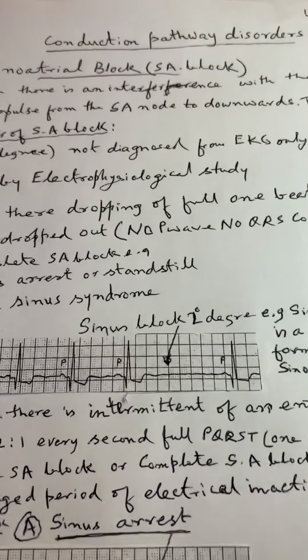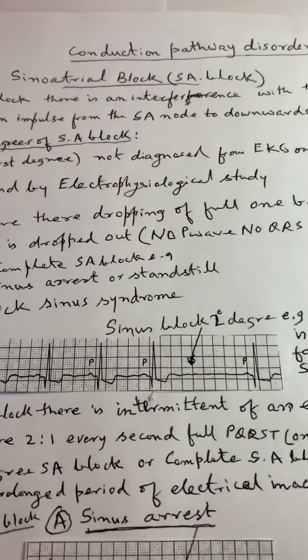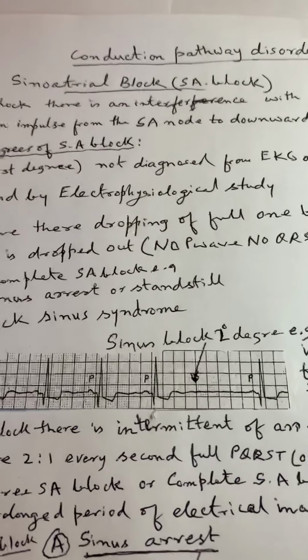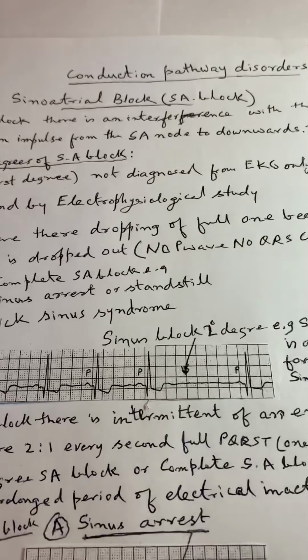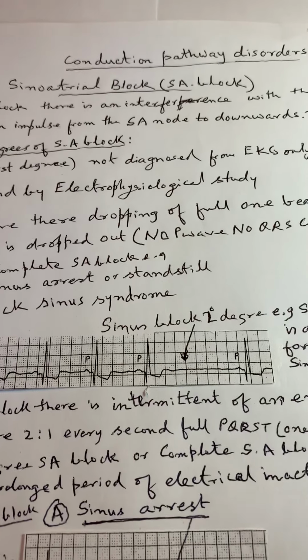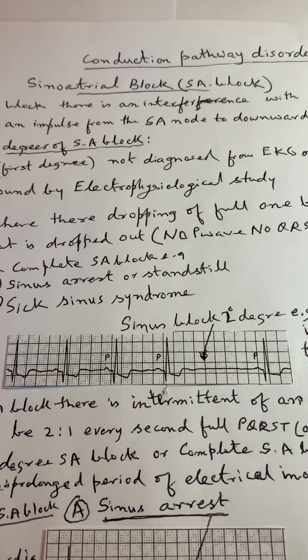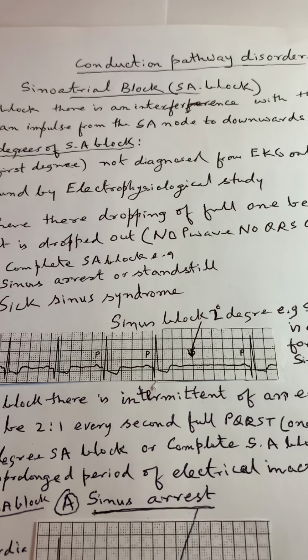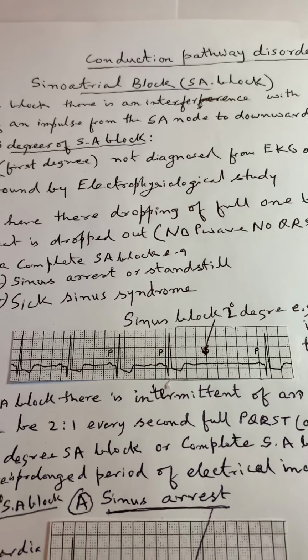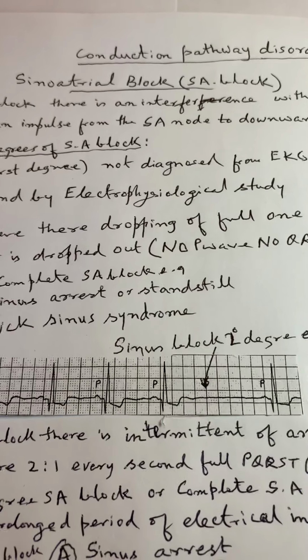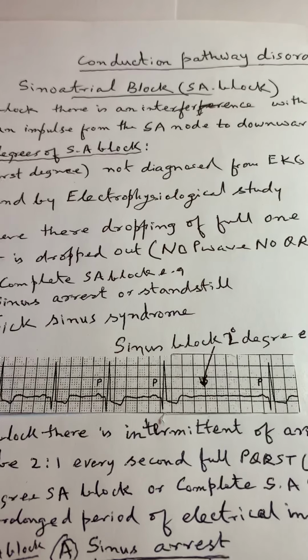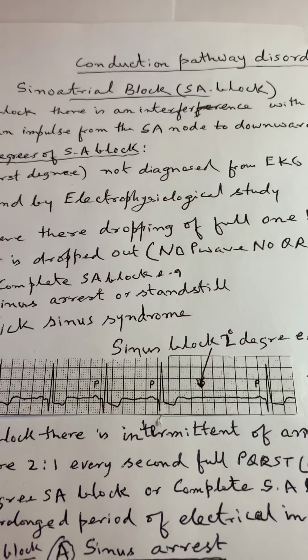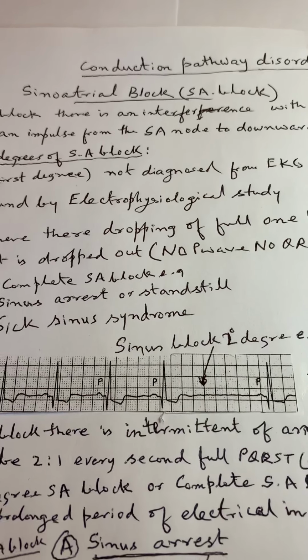Now, this SA node can be defective because of many conditions, because of lack of blood supply, or because of old age, gradual degeneration takes place in the SA node. So, a block in the SA node is known as SA block.